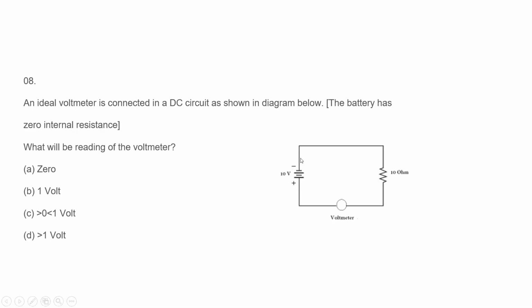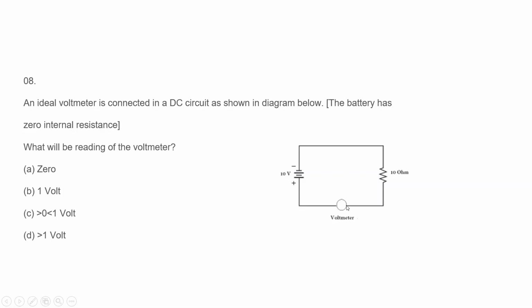Like if we want to measure the voltage drop around this resistor, then we'll connect in parallel. Usually that's how we use a voltmeter, because voltmeter has very high resistance. But okay, in this case they are saying that it is connected in the circuit as shown, and the battery has zero internal resistance. What will be the reading of the voltmeter?